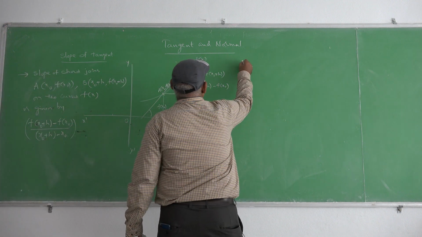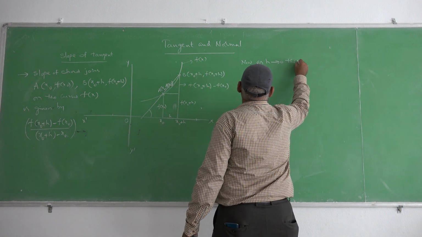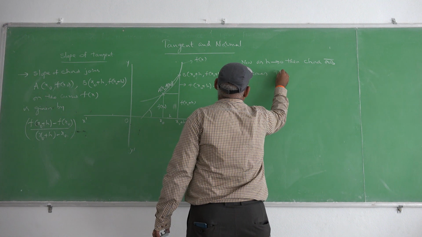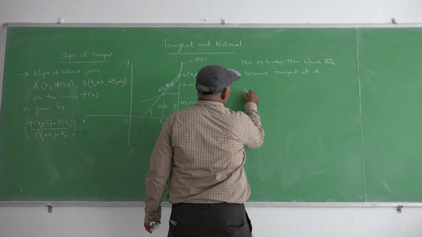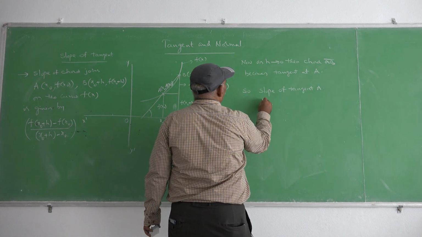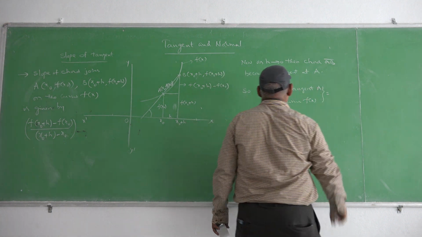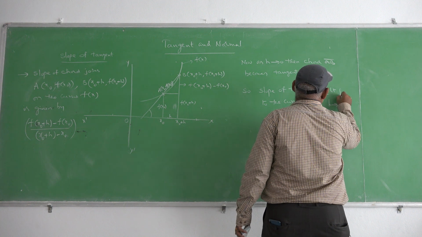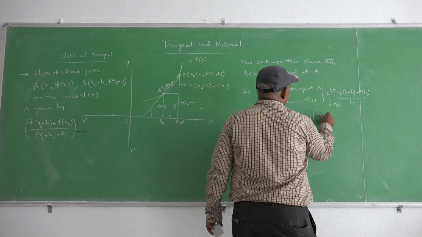Now as h goes to 0, the chord that joins AB becomes the tangent at A. So the slope of the tangent at A, at x naught, y naught, to the curve f(x) is the limit as h goes to 0 of f of x naught plus h minus f of x naught by h, which is f dash of x naught.